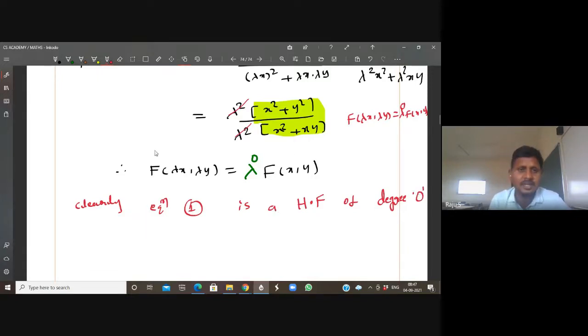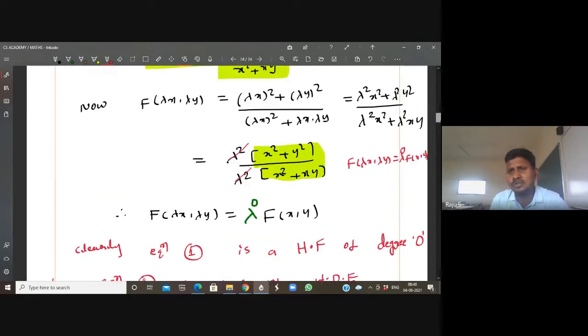Homogeneous function of degree 0. Then what can we conclude? Then equation 1 represents a homogeneous differential equation.